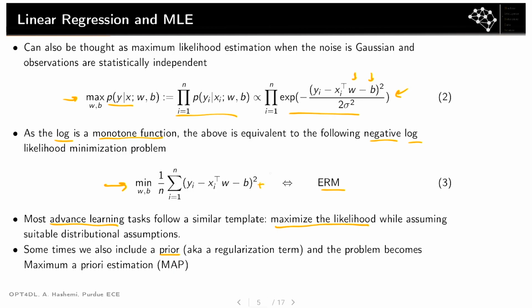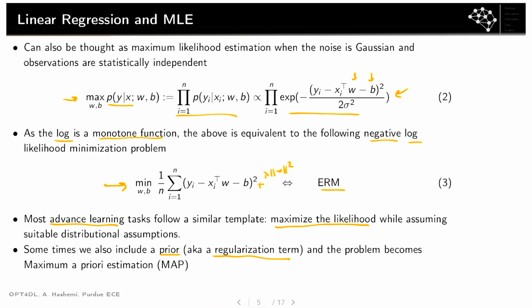For instance, a useful and very frequent regularization term added to this kind of objective is L2 regularization, where we just add the Euclidean norm square of the parameters with some regularization constant lambda to the objective. Okay, so we're going to include the regularization term, and this is something we're going to talk a little bit more about in one of our future lectures.